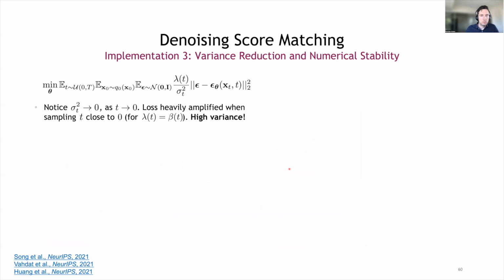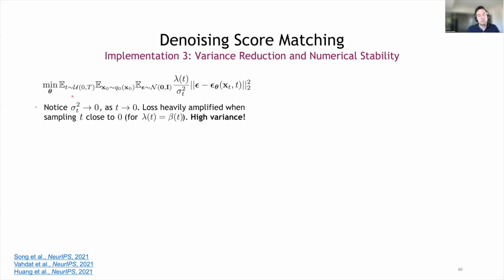There's another implementation detail I would like to talk about. We know that this variance sigma t squared of this forward diffusion process for diffusing individual data points actually goes to 0 as t goes to 0.